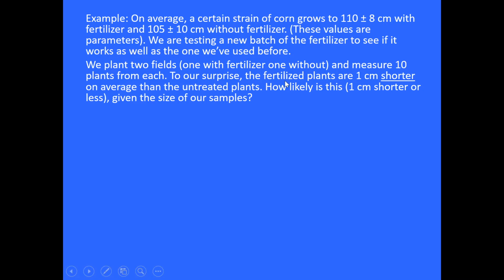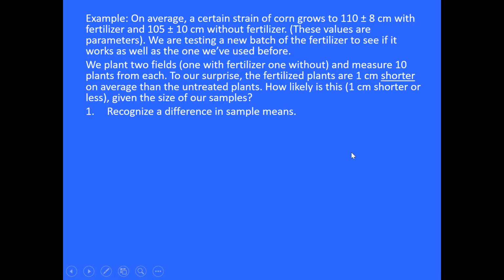I don't know. But for whatever reason, the fertilized plants are actually shorter than the unfertilized ones, and we're expecting just the opposite to occur. The question is, how likely is this given these parameters in the population and given that we have a sample size of 10? Okay, well, what do you do?